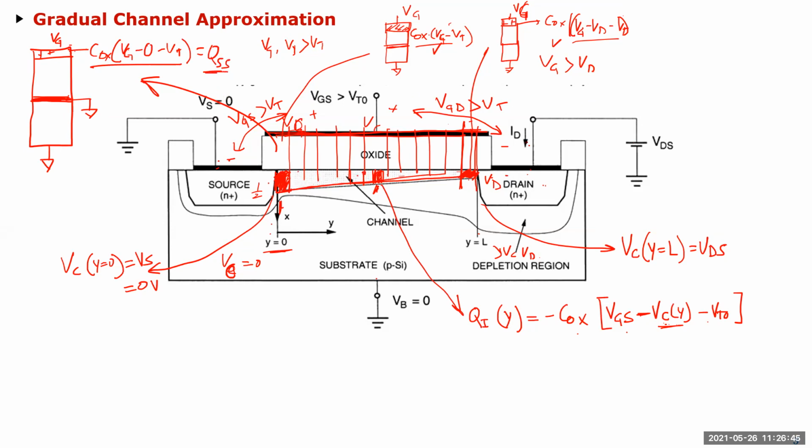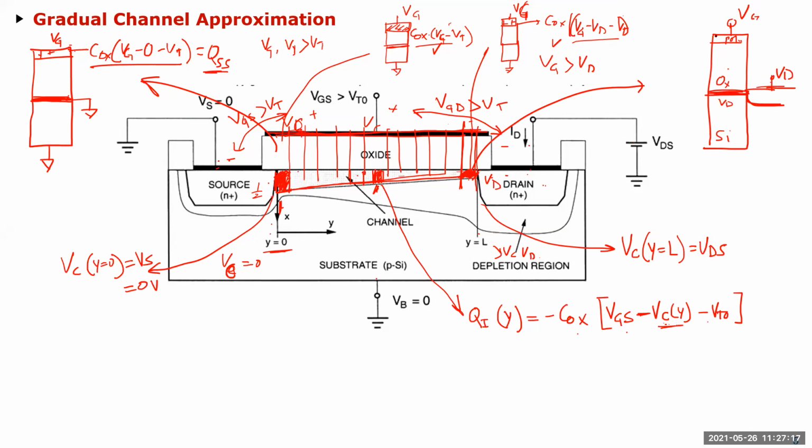Now if I redraw this over here, you have this block, and you have this metal oxide. This is silicon, this is oxide, this is poly, and this is still VG. You have a channel here, but this channel end is connected to the drain side, and the drain voltage is VD with respect to ground, so this end here is also VD.